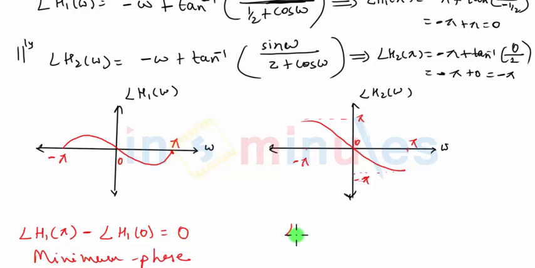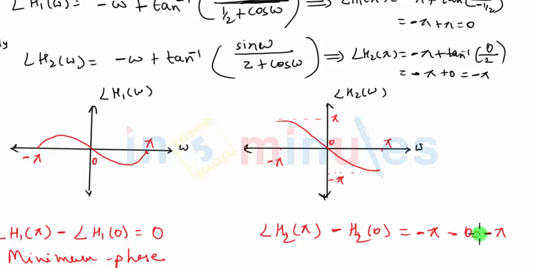For the second system, if I define the phase difference, angle H2(pi) minus angle H2(0), H2(pi) is nothing but minus pi, minus H2(0), comes out to be minus pi. Minus pi is also equivalent to plus pi. In short, the difference between the phase at pi and 0 is not 0, it is equal to plus pi, and hence the system is called a maximum phase system.